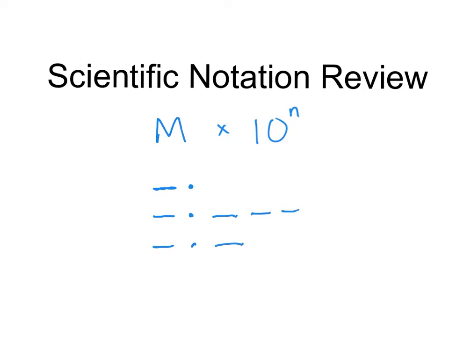Regardless of how it looked, please note there is only one number in front of the decimal. That's why we defined it as a number 1 through 10. It doesn't matter what was afterwards. It came after the decimal, but you could only have one number in front of the decimal in scientific notation.